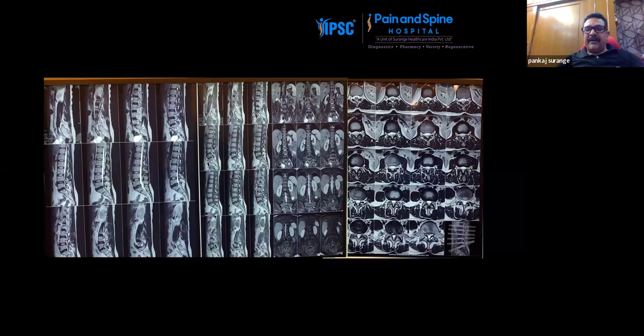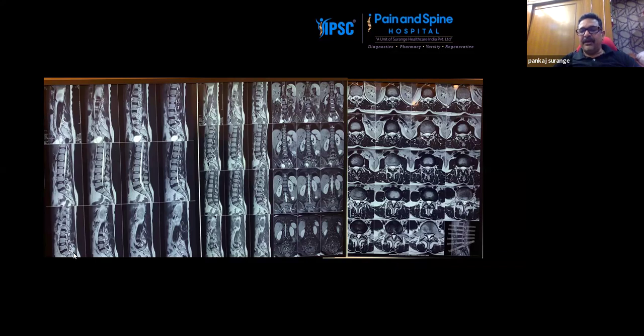So this is the kind of MRI films we get, right? We get multiple images, multiple films, where we have sagittal sections, axial sections, coronal sections, T1 images, T2 images. All of them have a lot of significance. Everything we have to read. It's not only the central MRI which we see. At times you may have a big film over here which shows the entire LS spine. Okay, this is the film.